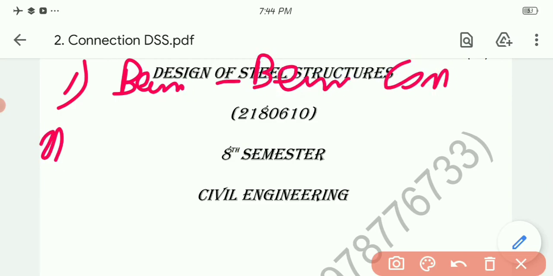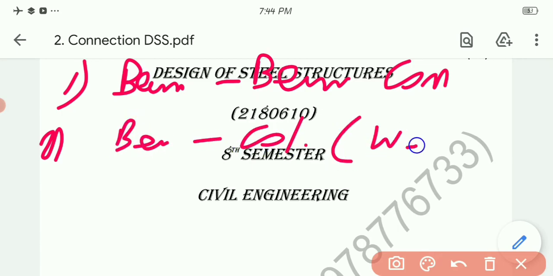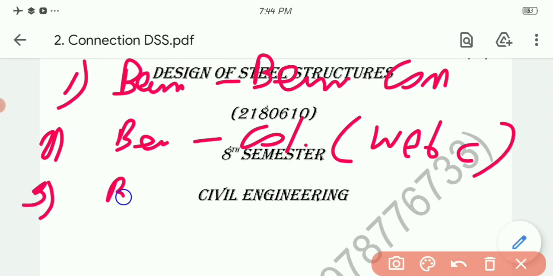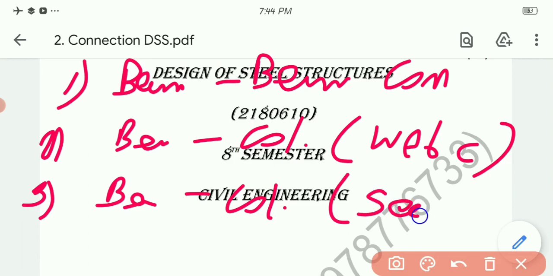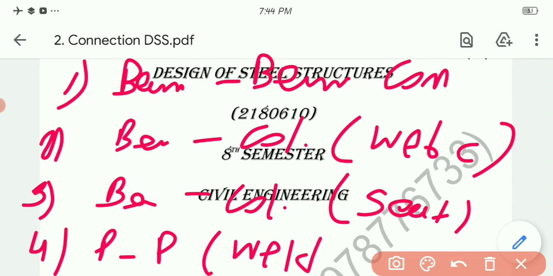Second video, beam to column connection but web cleat connection. In the third video, beam to column connection again but seat angle connection. And fourth video, plate to plate connection but welded. So I have covered these chapter examples in 4 different videos.